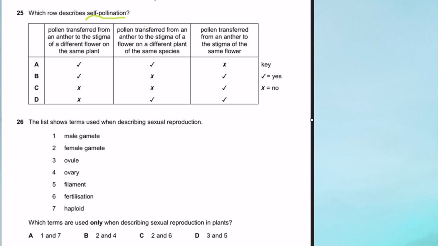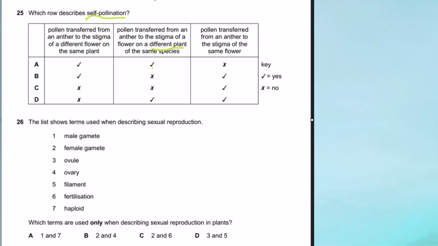So we see here pollen transferred from an anther to a stigma of a flower of a different plant. Now, this is self-pollination we're talking about, so it can't be A or D because self-pollination is the same plant. So already here we can see A and D are out of the question.